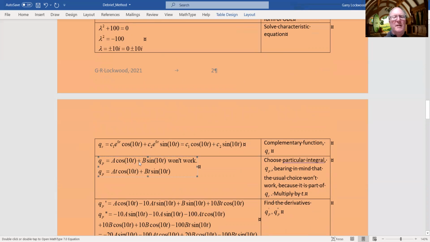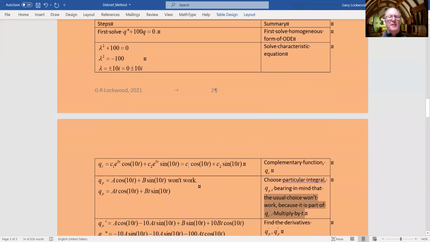And I've just made a comment here that the usual choice is not going to work. We have to try A times t times cos 10t plus B times t times sin 10t. So my comment here is: choose the particular integral, QP, bearing in mind that the usual choice won't work because it's part of QC, so multiply by t. If you have a look at this, here's my QC up here, and this is my QP, and you'll notice that that is basically the same, and so that's not going to work.